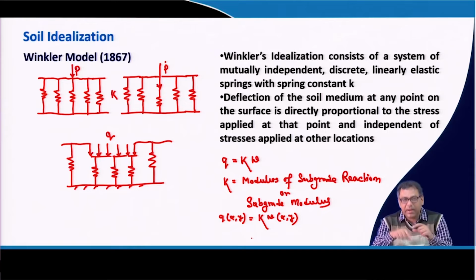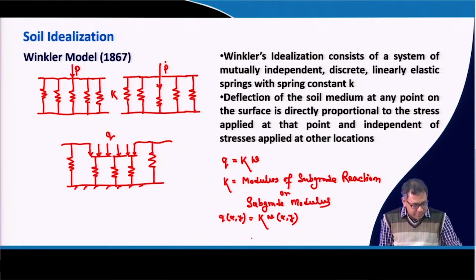So, stress applied on a spring will not influence the deformation of any other spring. Any spring will deform due to the stress applied on that particular spring. So, other springs will not be influenced because of the stress applied to any spring.